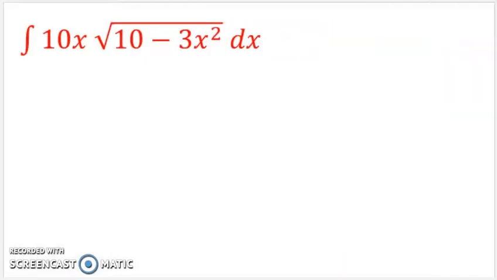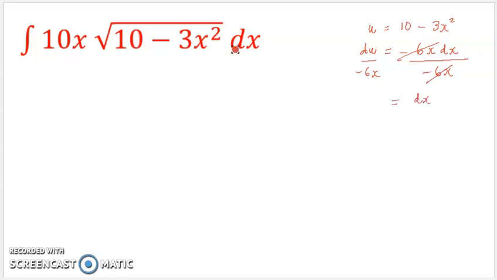For our next example, let's solve for the integration of 10x times square root of 10 minus 3x squared dx. So we are going to choose as our u 10 minus 3x squared. And its derivative with respect to x is negative 6x dx. To get dx, divide both sides by negative 6x.